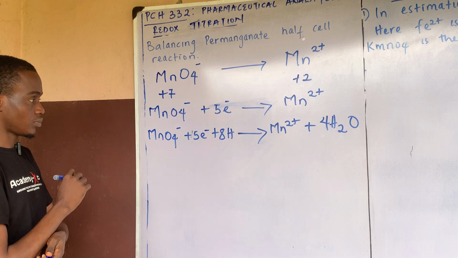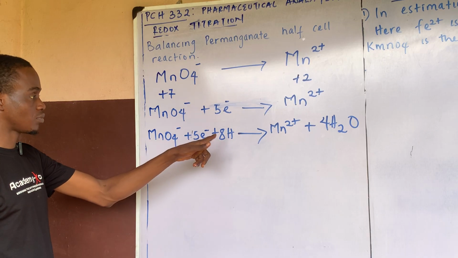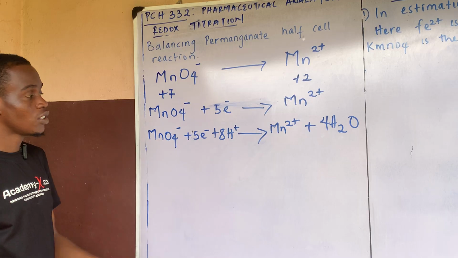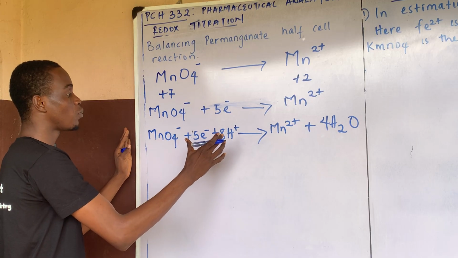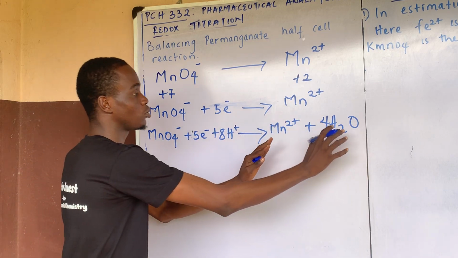Now this is partly balanced too, so we definitely have to put a positive charge here. But do you know why we put a positive charge? This positive charge is to sum up both the ions in the reactant part and the ions in the product part.